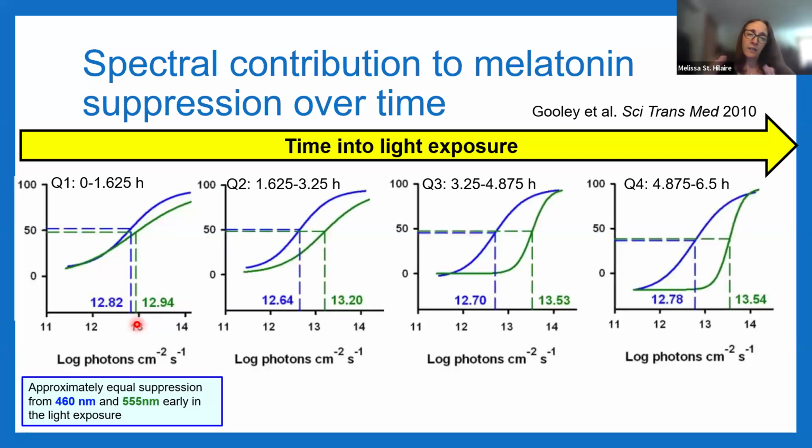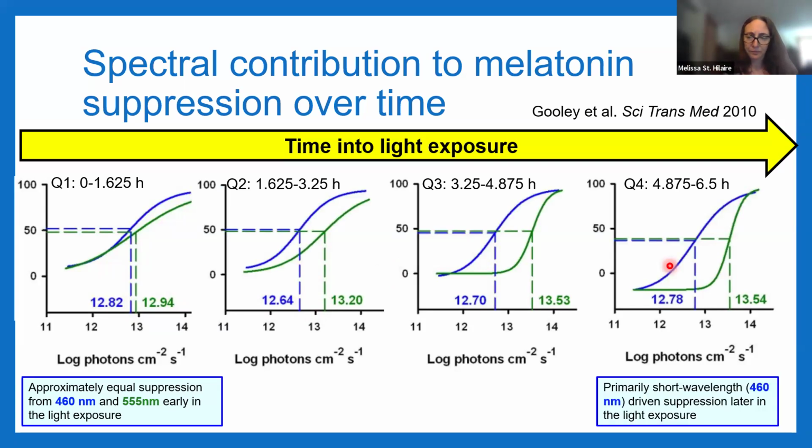It's only in the later part of the light exposure, really going beyond about 90 minutes, that we see these two curves start to really separate, where 460, the shorter wavelength light, is much more effective at maintaining suppression than the longer wavelength light. This suggests that in the later part of that light exposure, the suppression and maybe also the phase resetting, although we don't know, is primarily short wavelength driven.